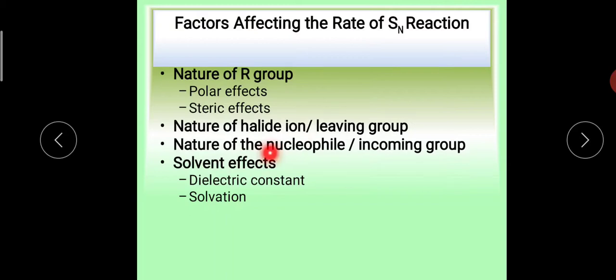The next one is the nature of the nucleophile. This nucleophile is the attacking reagent or the incoming group. And finally, we'll end up with the solvent effects with special mention to dielectric constant and solvation.